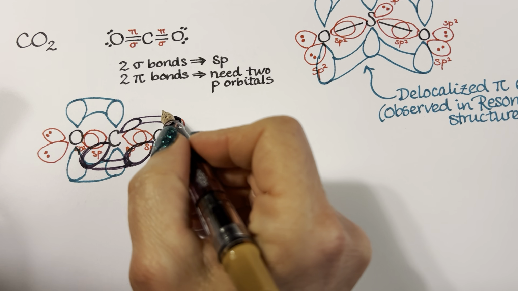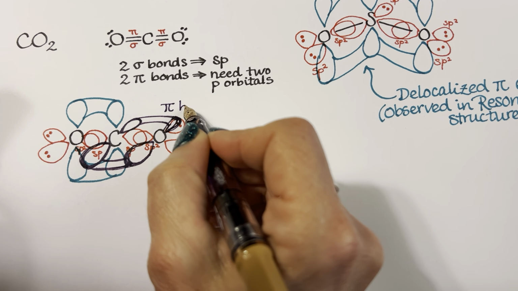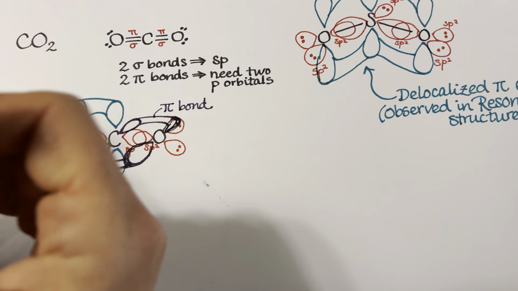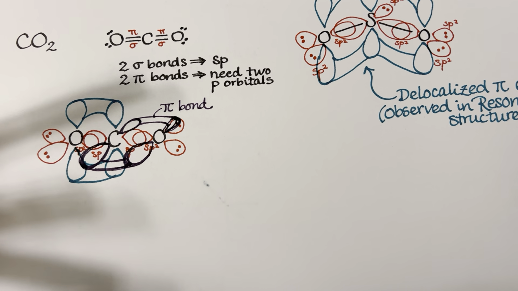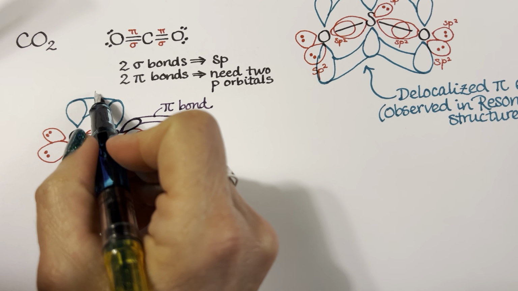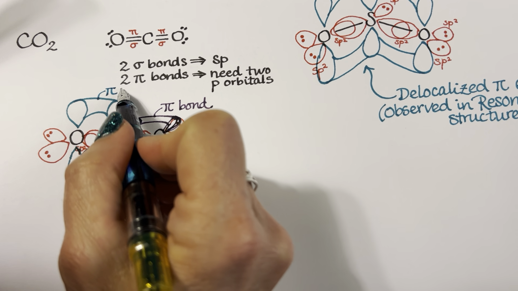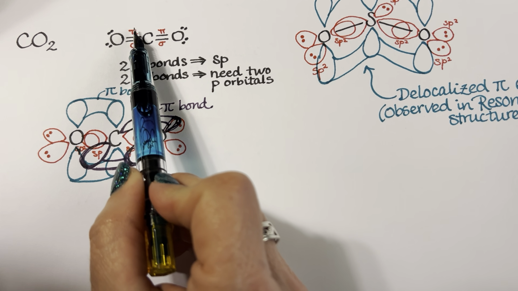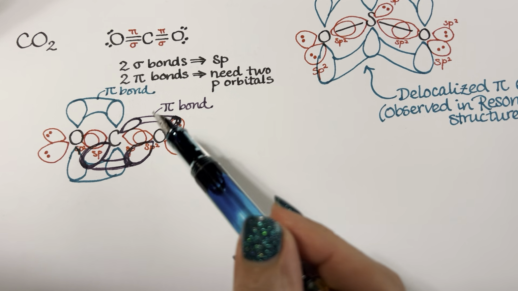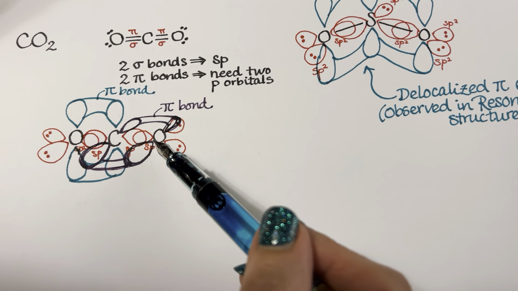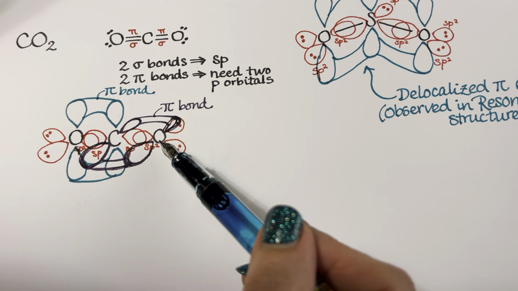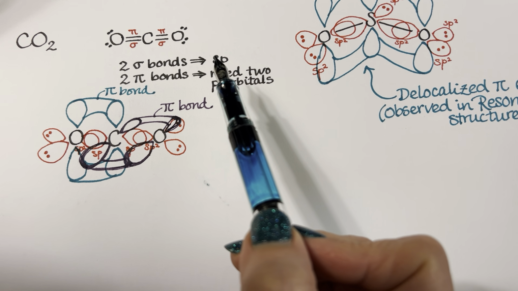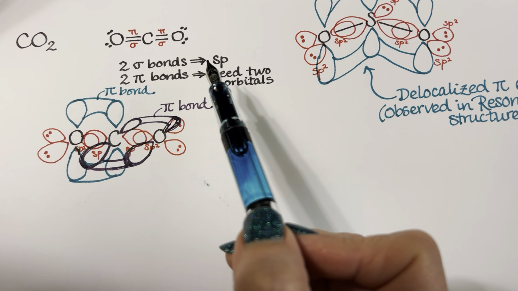So here's one pi bond, I'll put this here, this one, and then we have a pi bond here, this one. Okay, so we just took into account this pi bond and this pi bond, but really looking more spatially, they are different, in two different planes. All right, so pretty cool.